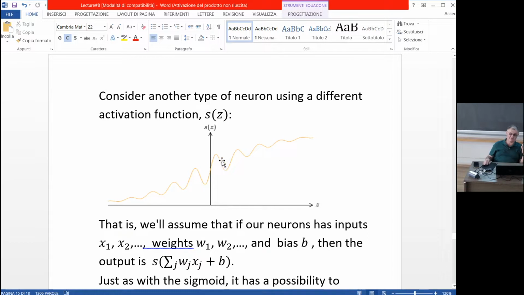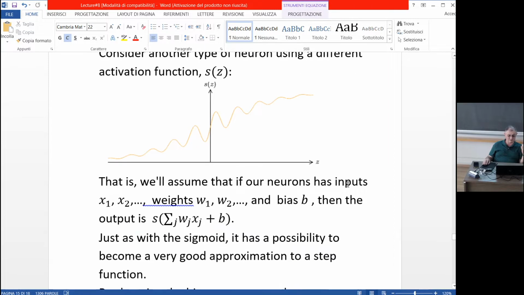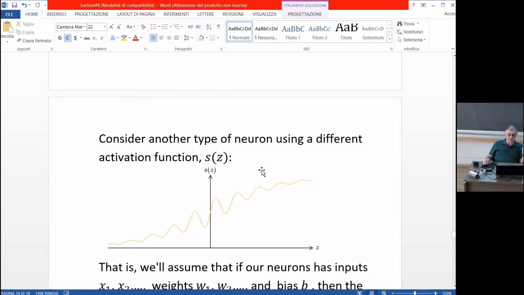But it varies in some strange and arbitrary manner. What can we do with such an activation function?